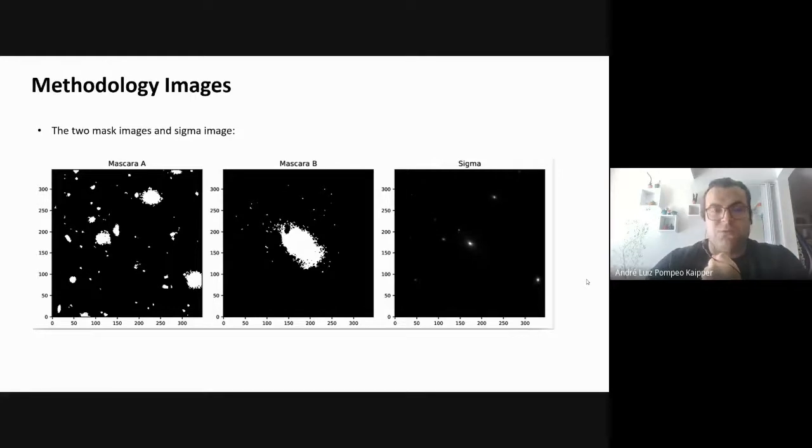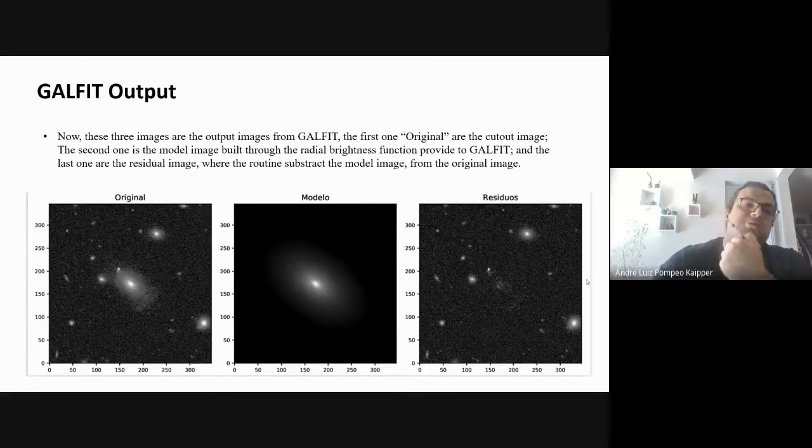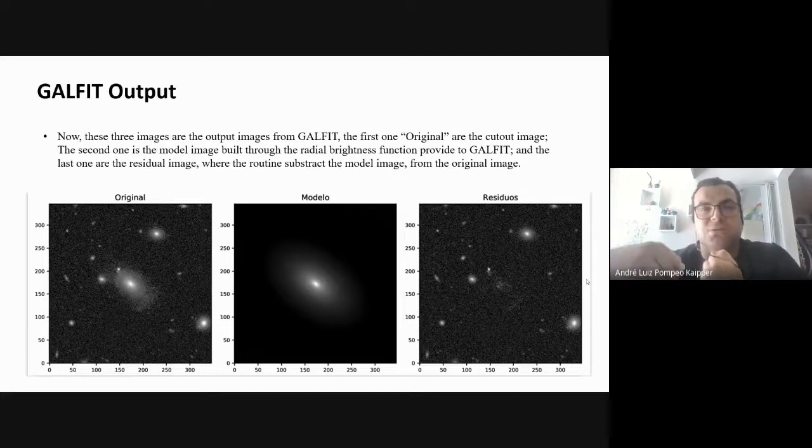Okay. So the last part, after I give all those guesses and images to GALFIT for one BCG, GALFIT gives me two outputs. The first one is a list with all the convergence values of the best model that describes the object.